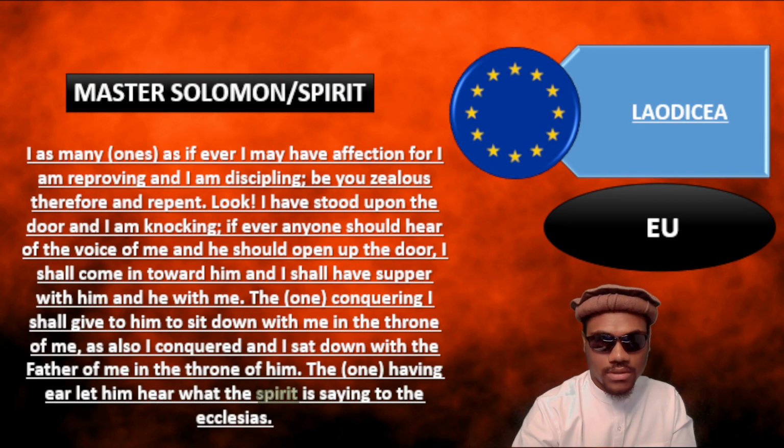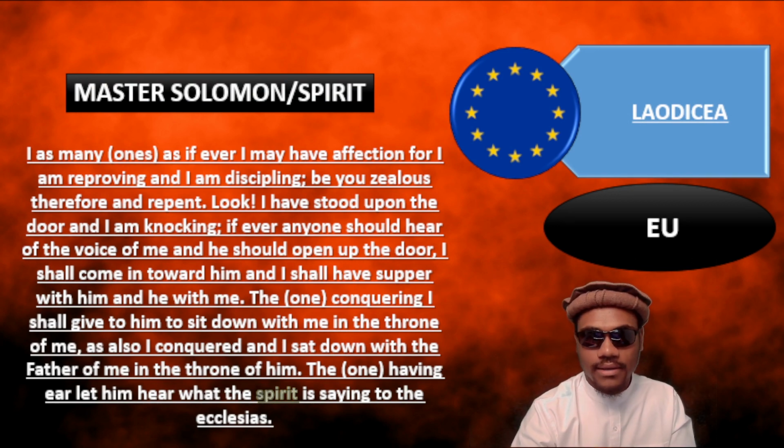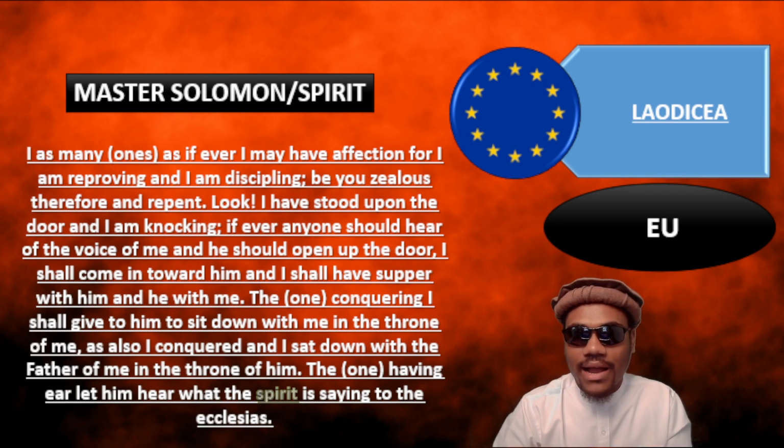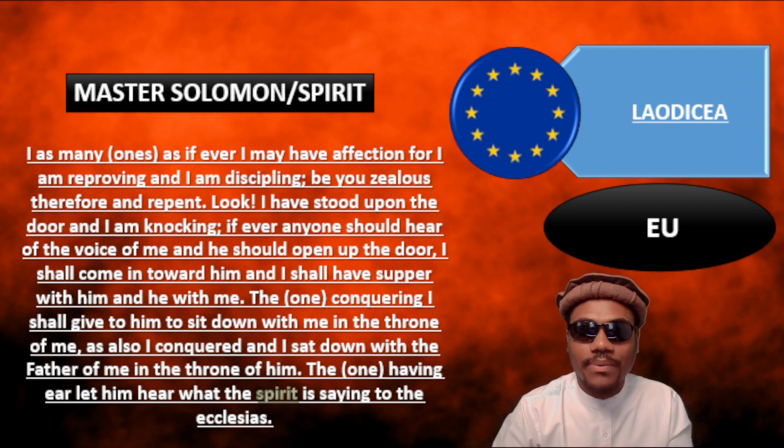You see? And he is saying, I, as many ones as if ever I may have affection for, I am reproving, and I am disciplining. Be ye zealous, therefore, and repent. Look, I have stood upon the door, and I am knocking. If ever anyone should hear the voice of me, and he should open up the door, I shall come in toward him, and I shall have supper with him, and he with me, the one conquering.